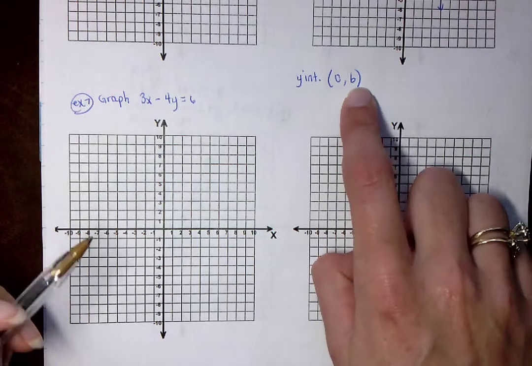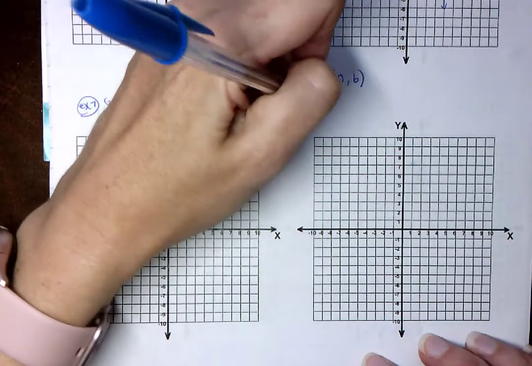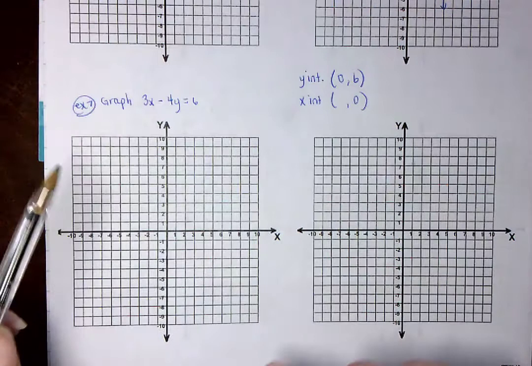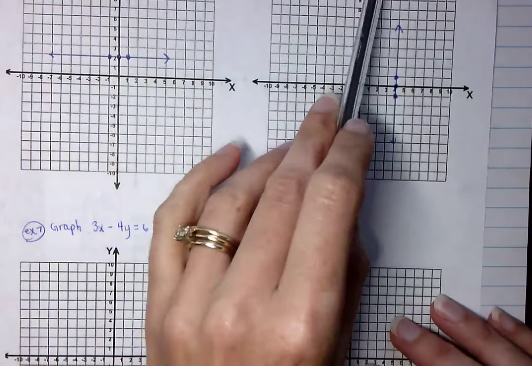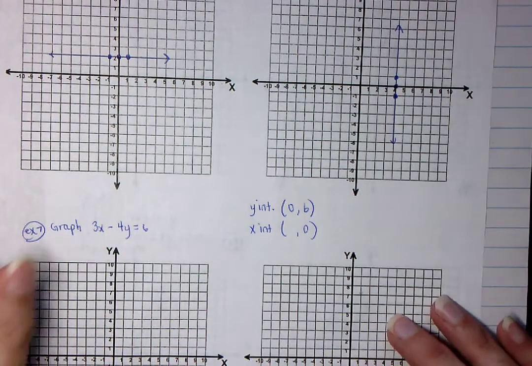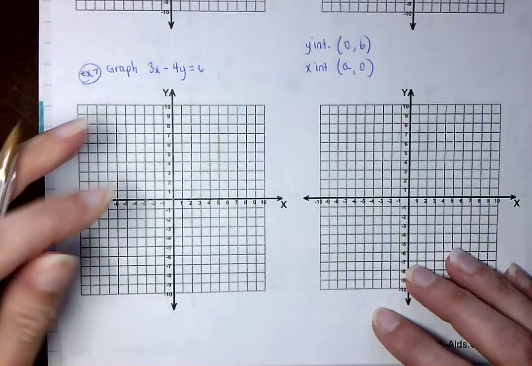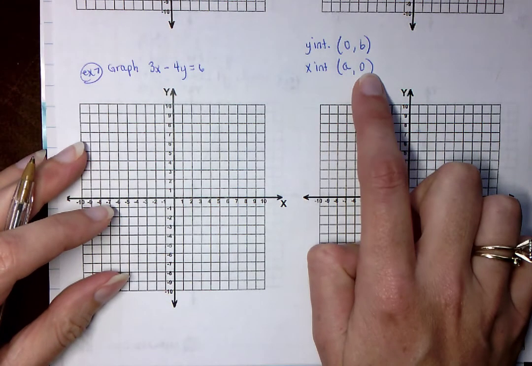And you remember that from y equals mx plus b. For the x-intercept, the y value is 0. Kind of like we plotted back up here, we did 4, 0, and that was just right on the x-axis. So that's the x-intercept, and we can call that A for the x-intercept, and then we'll say 0 for y.